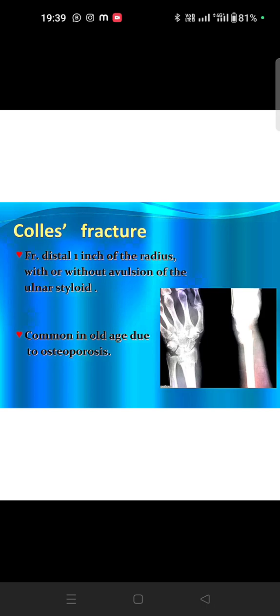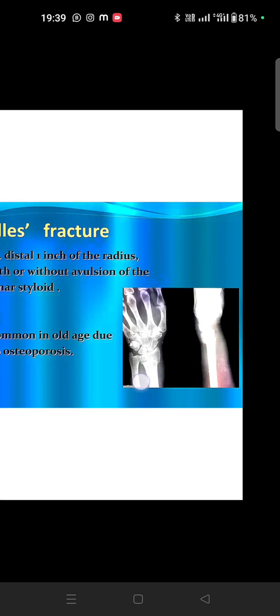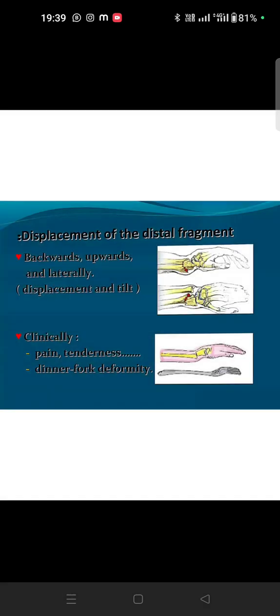Then Colles fracture. They will ask this normally. Colles fracture means what? Like this, they will ask. So this is for the distal 1 inch of the radius, with or without avulsion of the ulnar styloid. It's common in old age due to osteoporosis. Then displacement of the distal fragment is backward, upward, and lateral. Clinically pain, tenderness, and dinner fork deformity.